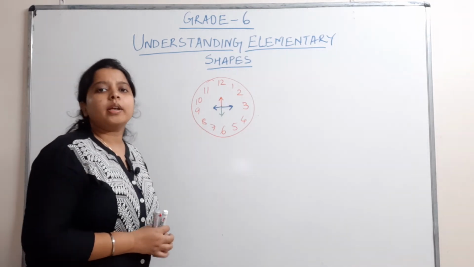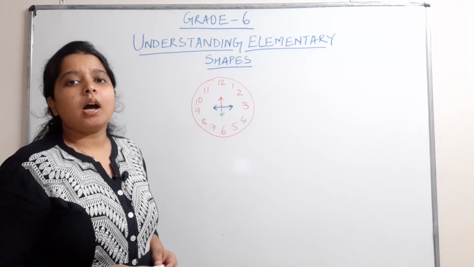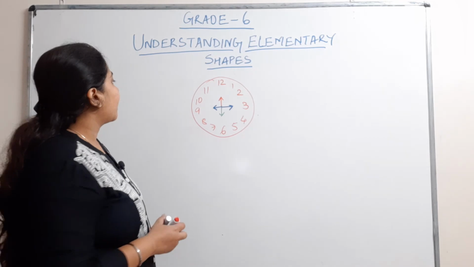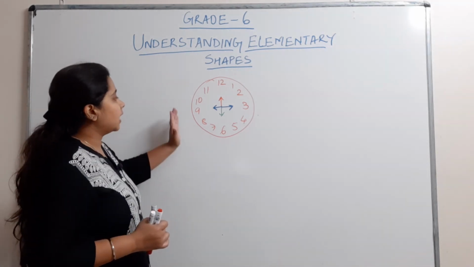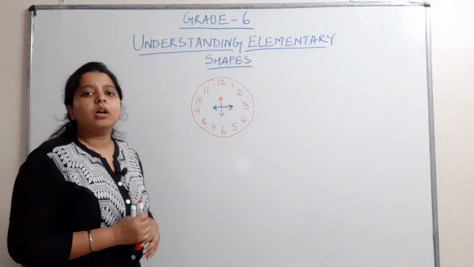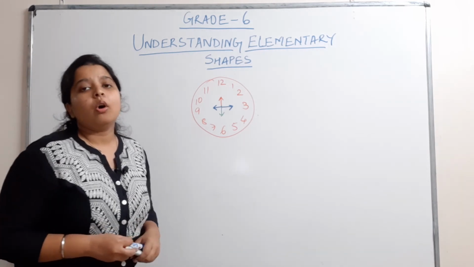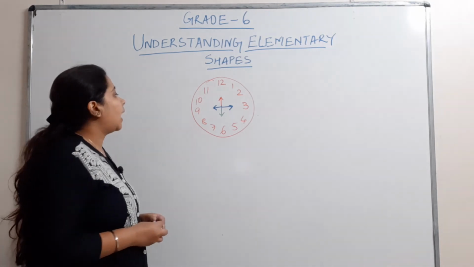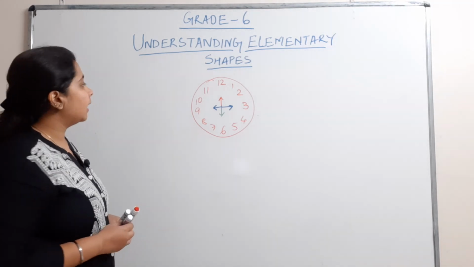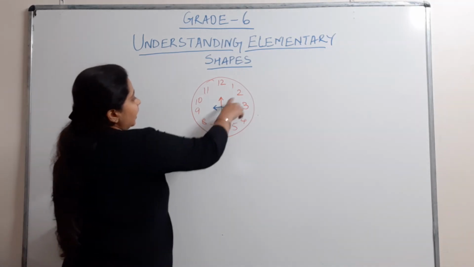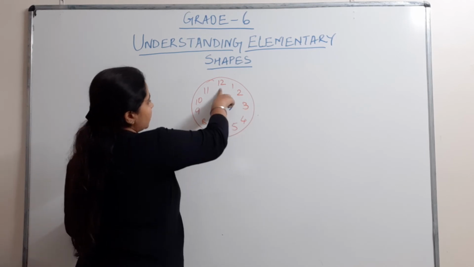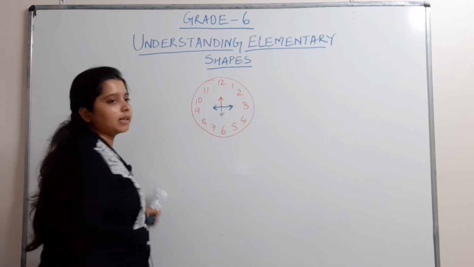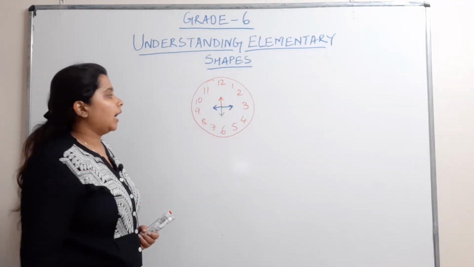So here also in one complete revolution, the hour hand reaches the same number. And if the hour hand has moved 1/4 of a revolution, or a right angle, then we skip 3 numbers. Like if it is at 12, it will reach the third number.